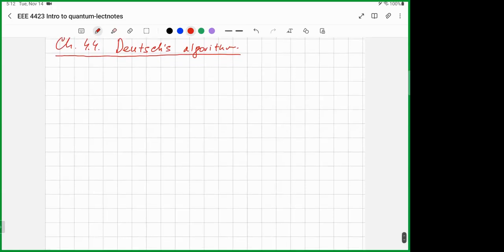Before we discuss the algorithm itself, let us start from the statement of the Deutsch problem. The algorithm is supposed to be used for solving some kind of problem, right?